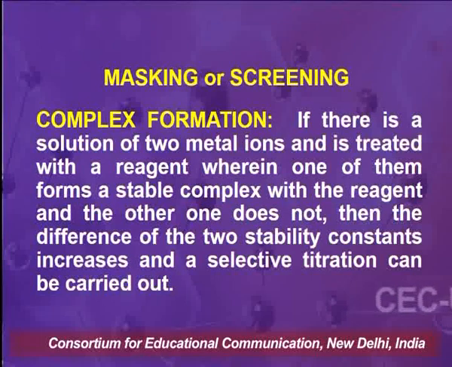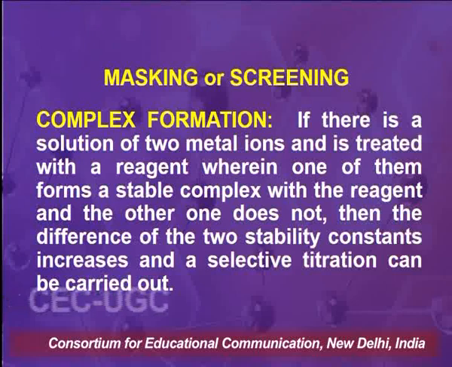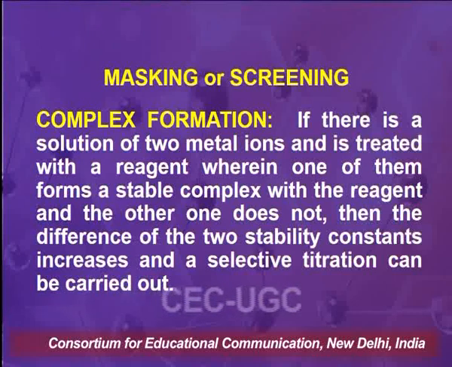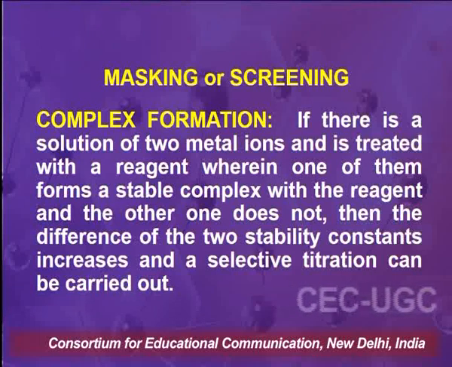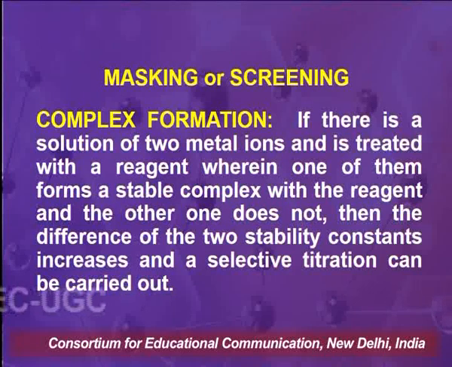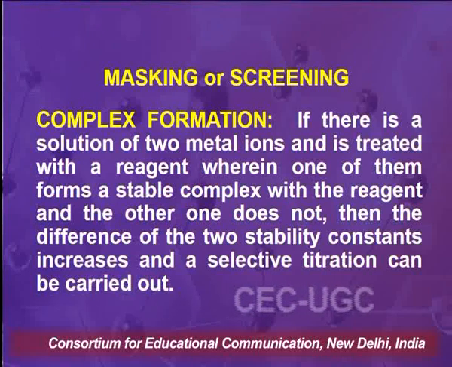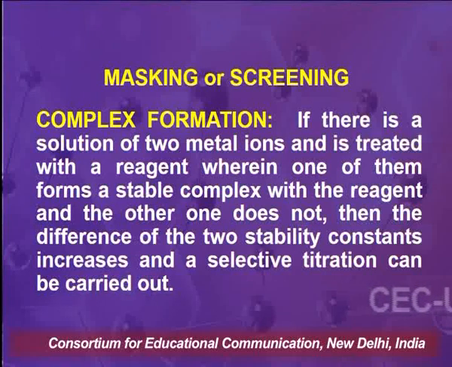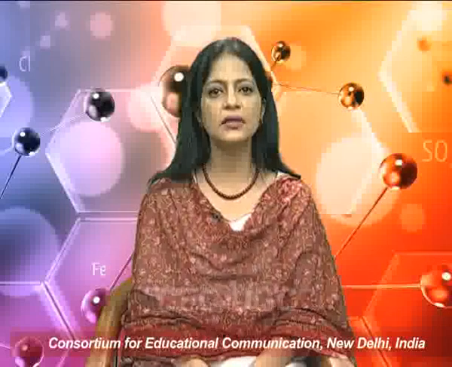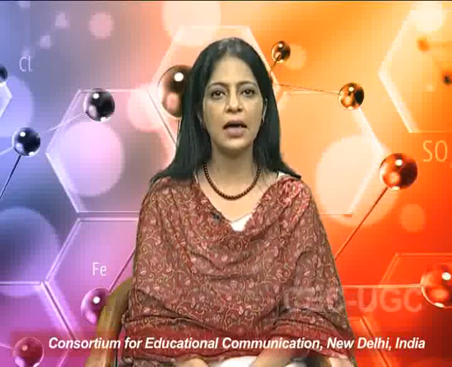Another method of masking of metal ions is complex formation. If a solution of two metal ions is treated with a reagent wherein one of them forms a stable complex with the reagent and the other one does not, then the difference of the two stability constants increases and a selective titration can be carried out.